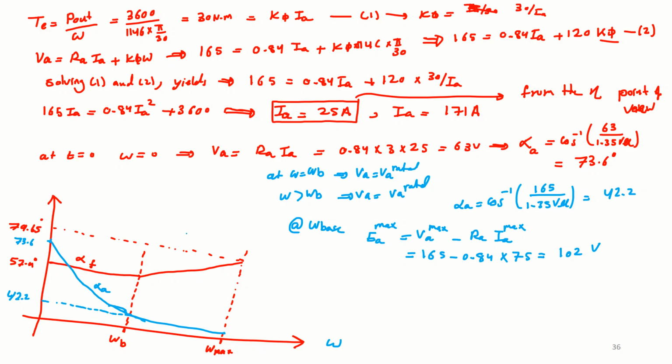So simply, if we can find K phi, then omega base will equal EA max over K phi. Now we can find K phi, of course, from either the first equation or the second equation, because we already have the current. So from here we can calculate the K phi.